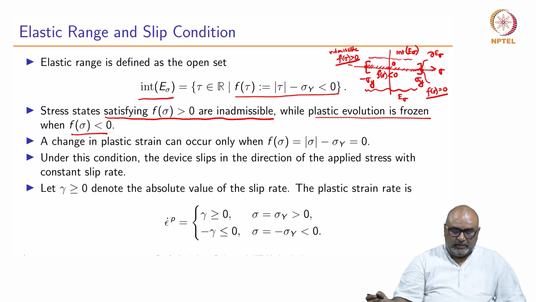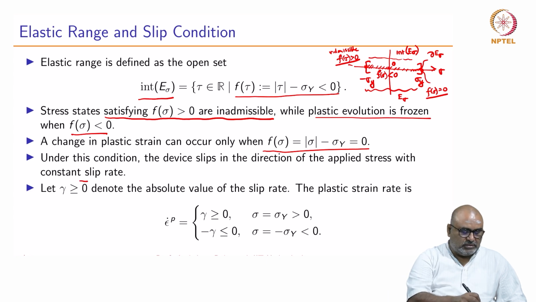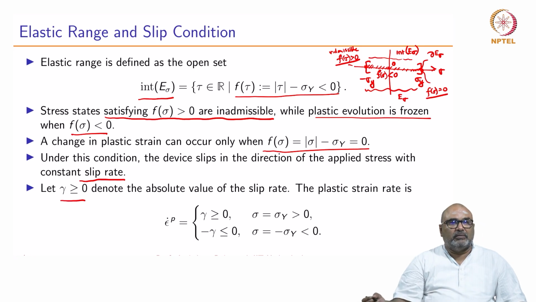The change in plastic strain can happen only when f of sigma is equal to 0. Under this condition, the device slips in the direction of the applied stress with a constant slip rate, denoted by gamma, and gamma is greater than or equal to 0, it denotes the absolute value of the slip rate.